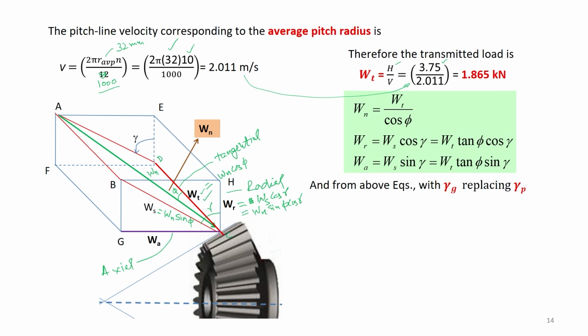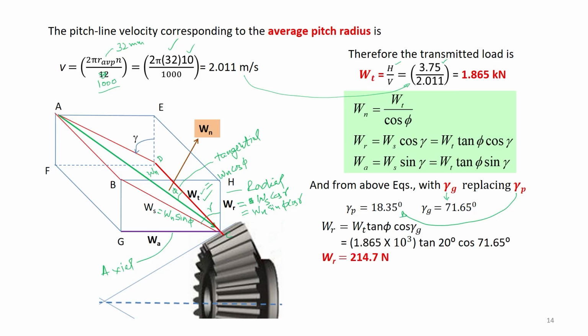Now, from the above equations, with gamma of the gear as 71.65 degrees and gamma p of the pinion as 18.35 degrees, substituting all the known values, we got Wr as 214.7 Newton.